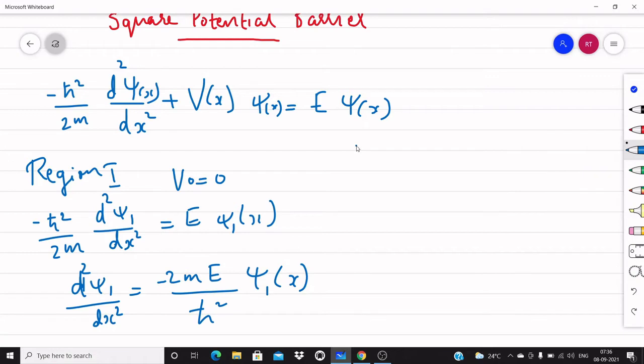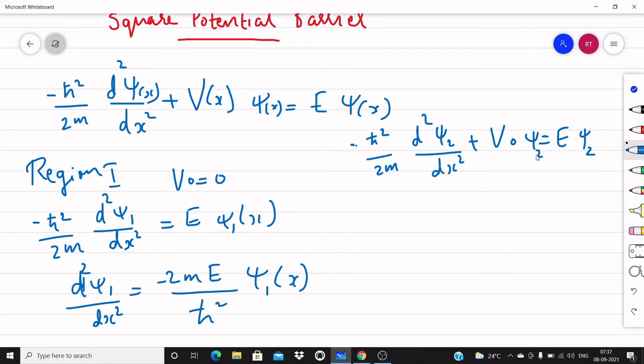Minus h cut square by 2m d square psi 2 by dx square plus V0 psi 2 is equal to E psi 2. So rearranging it, let us do one thing.